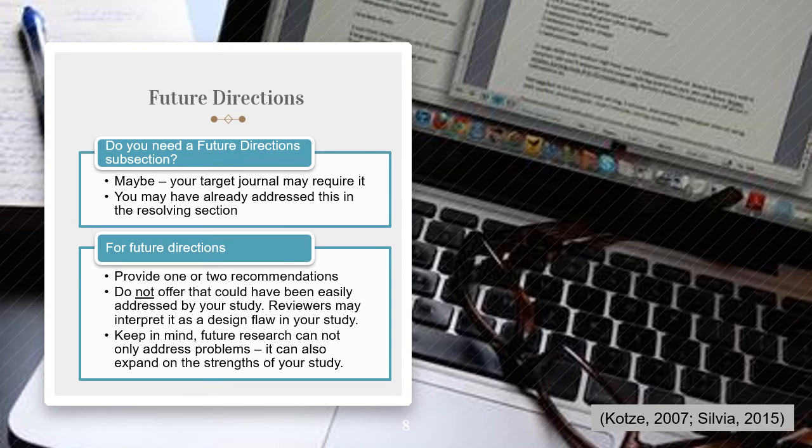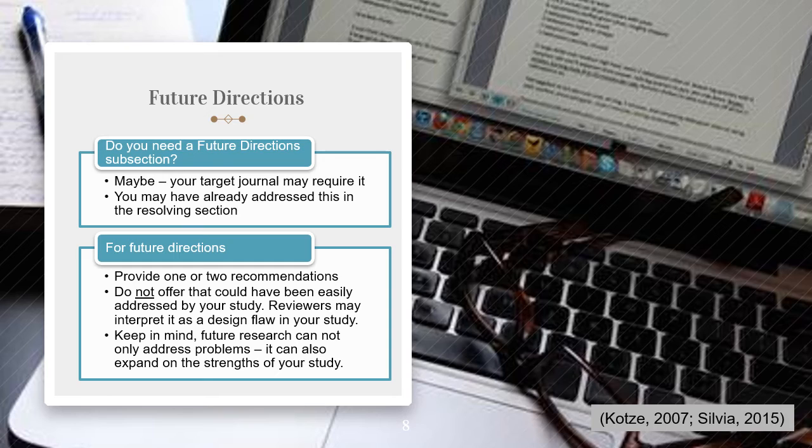Some journals require future directions and others do not. You might have already addressed future directions when you were talking about limitations or the issues that you've resolved. So this may or may not be a required separate section, but you don't want it to be more than a paragraph.